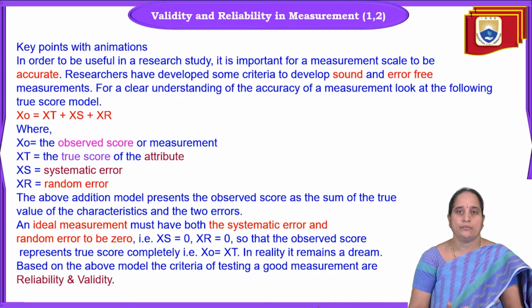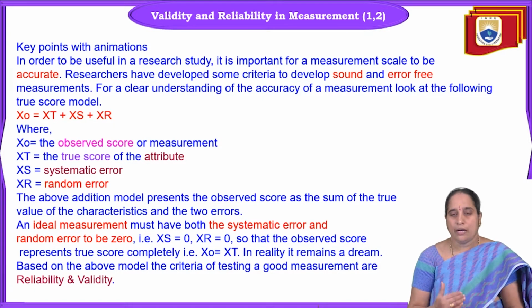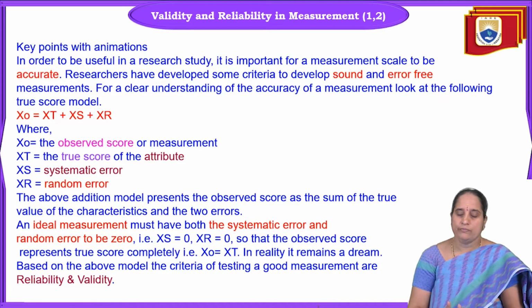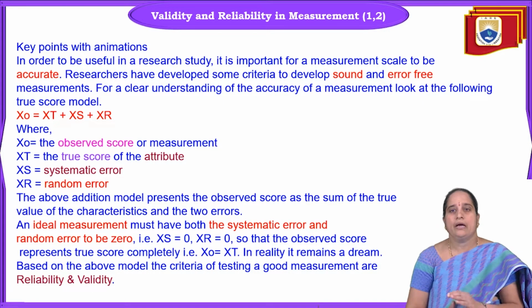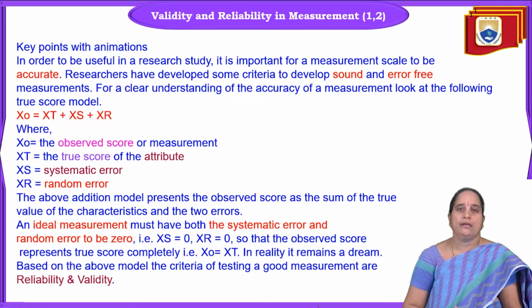The above additive model represents the observed score as the sum of the true value of the characteristic and the two errors. One is the true score of the attribute under study, and the other two are errors: systematic error and random error.